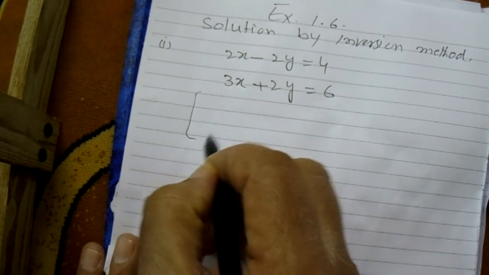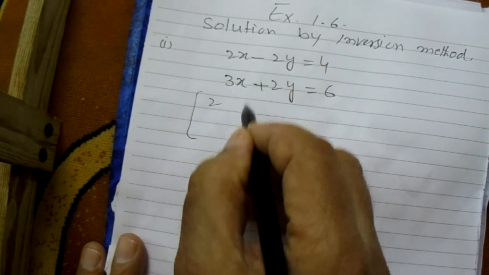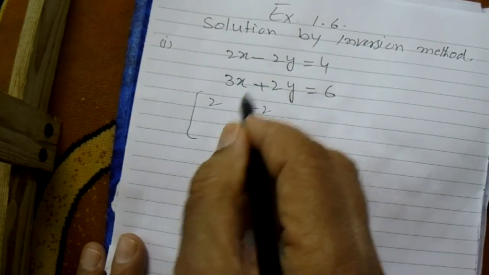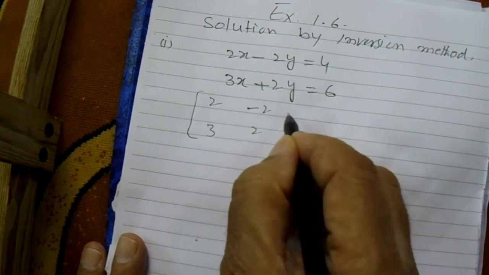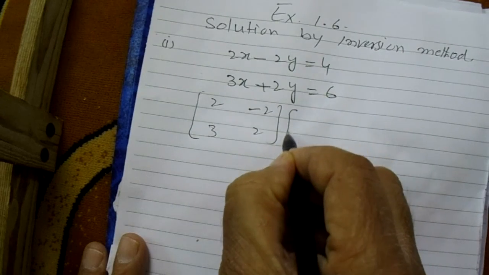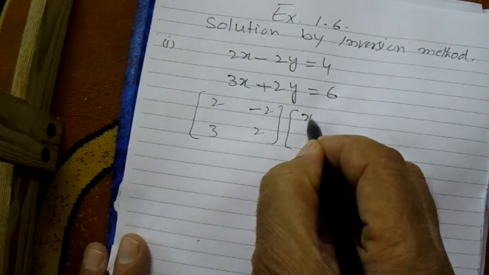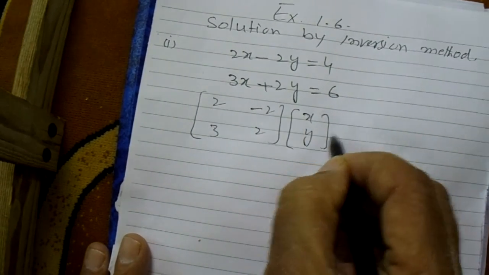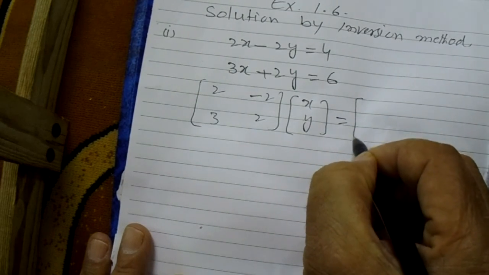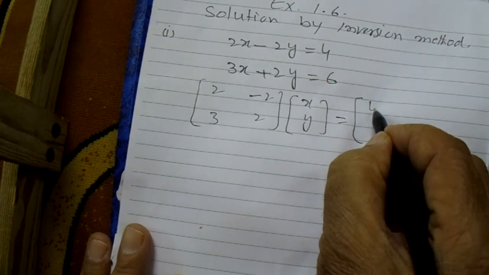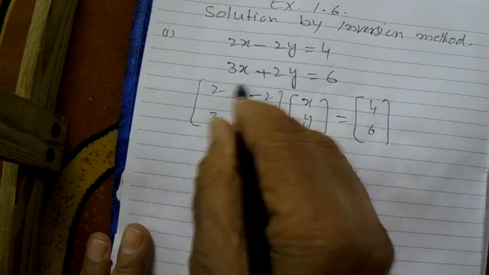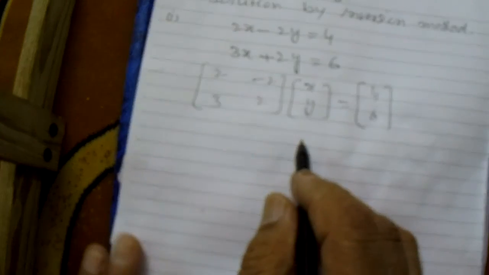Now this is our matrix form: 2, minus 2, 3, 2. Again we write the variables x, y, is equal to 4 and 6. Now we have written these equations in matrix form.